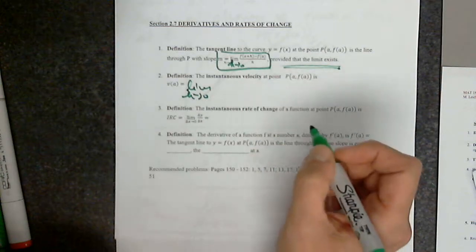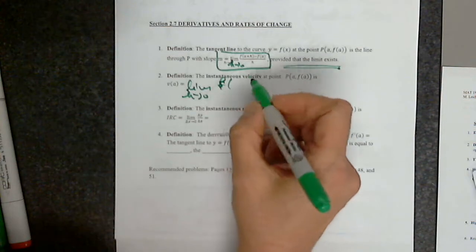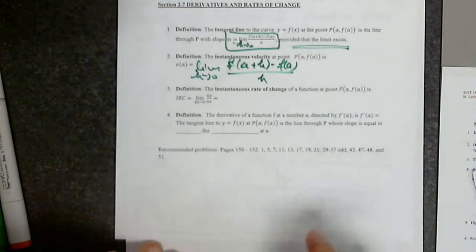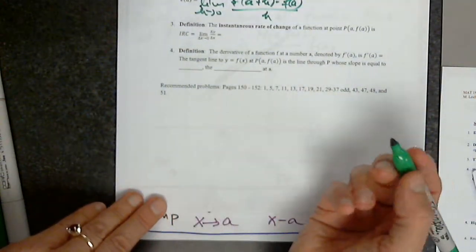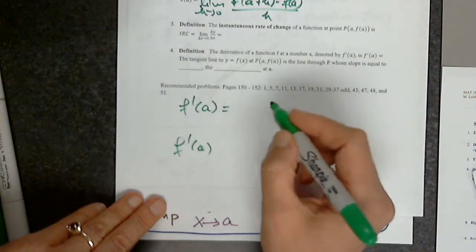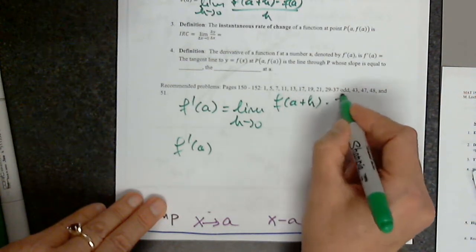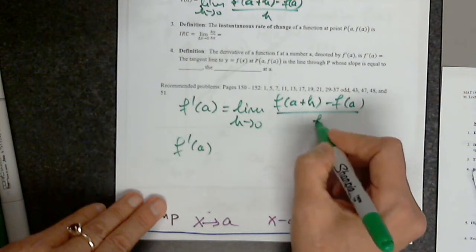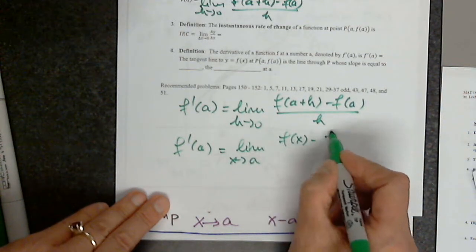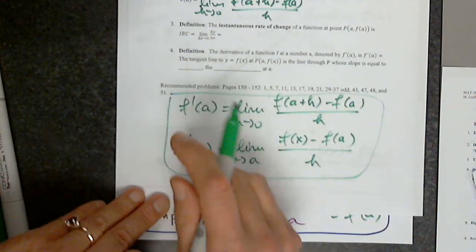The limit as h approaches 0 of f of a plus h minus f of a divided by h. But better, I would like to write the other form. Or maybe we want to write both of them one more time. So this is the limit as h approaches 0 of f of a plus h minus f of a over h. The other one is the limit as x approaches a of f of x minus f of a divided by x minus a. So that you have both of them together.